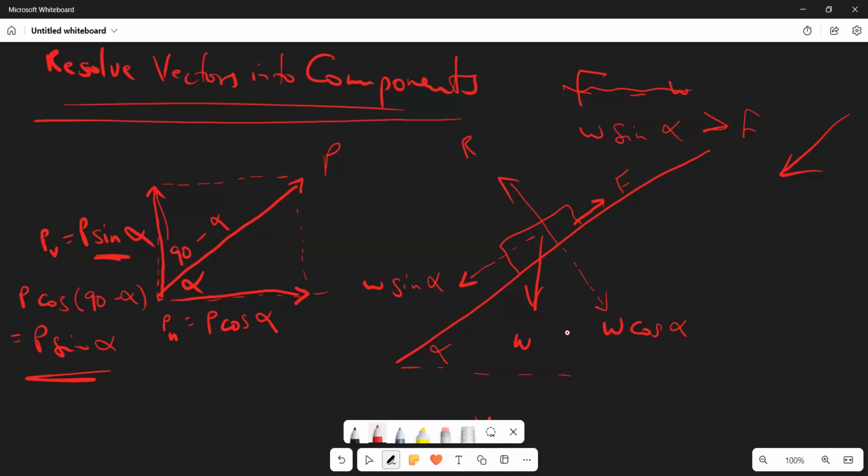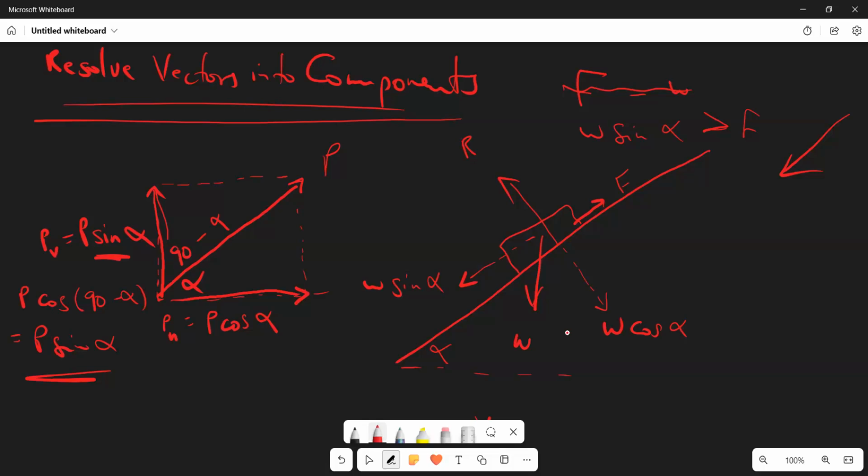You may have an object lying on an inclined plane, and it might be simpler for you to analyze the situation and deal with the plane itself, and resolve perpendicular to the plane or parallel to the plane, which is not vertical and horizontal, because the plane is inclined, right?